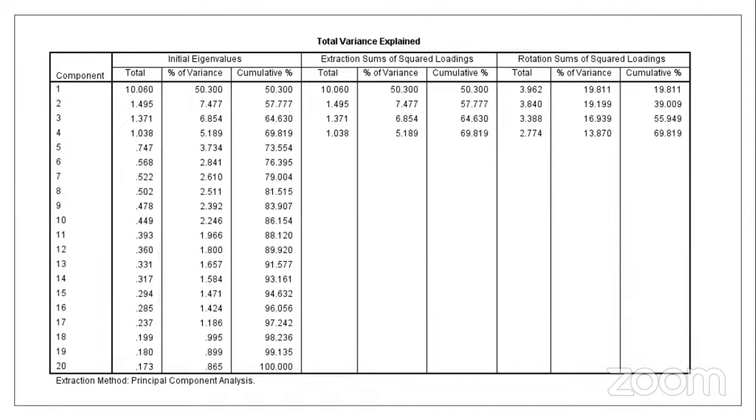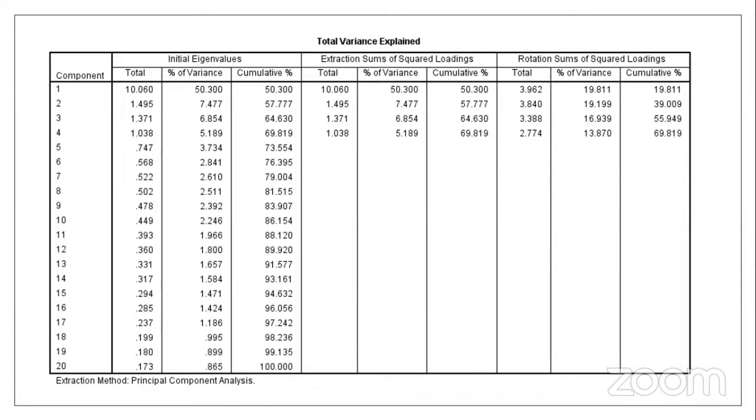Third table that we are going to interpret here is the total variance explained. Okay, what do we get here? You can see a lot of things actually. The eigenvalues for each of the components extracted, and the extracted sum of squared loadings and the rotated sum of squared loadings. Starting with all these different components, since we have 20 different items, 20 different variables considered, 20 components are shown here.